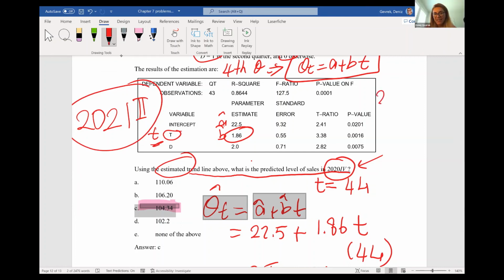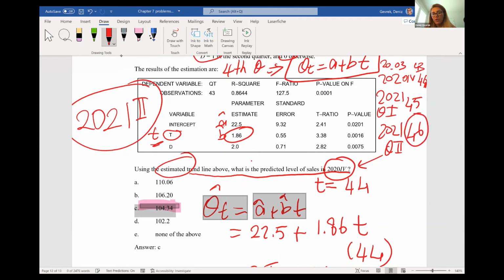That's where I got off on this, I couldn't figure out where you got the 44 from. 2020 third quarter is 43. Fourth quarter is 44. 2021 first quarter is 45. 2021 second quarter is 46. So you need to count. For t, we are going to put 46.